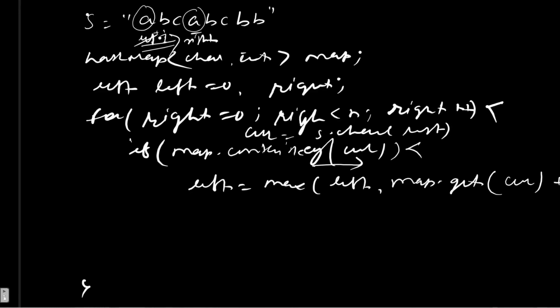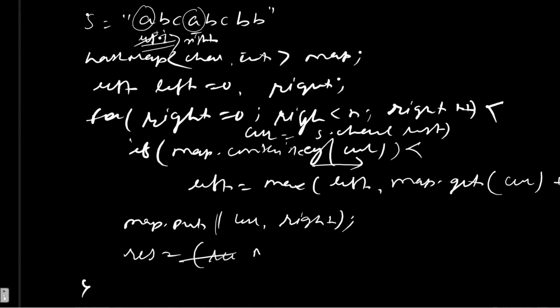Now we have to put the current character with the current index, that is right. At last we have to update the result, which is equal to the max among result and right minus left plus 1.